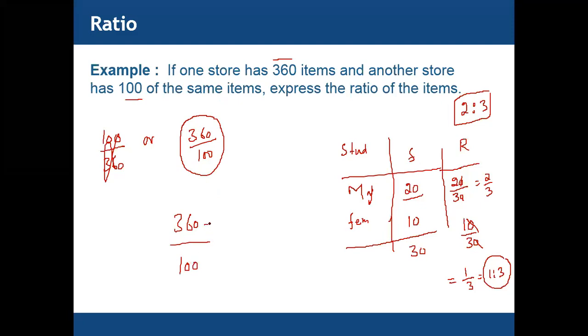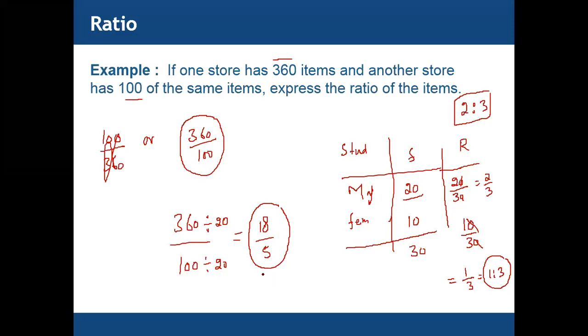Let's suppose we divide both numerator and denominator by 20. 360 divided by 20 equals 18, and 100 divided by 20 equals what? 5. So 18 divided by 5 is the simplest ratio. Clear? Okay.